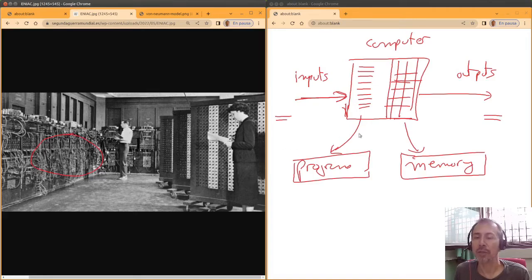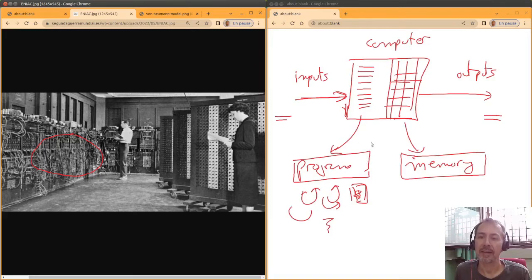In case you wanted to reprogram the ENIAC to do a different thing, you usually needed to change cables from one place to another, maybe store some information in some place with a memory. You almost needed to rebuild all the internal structure of the computer.